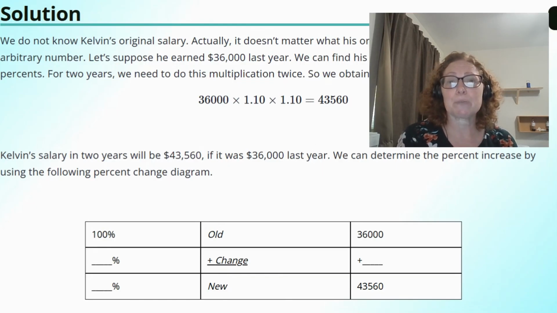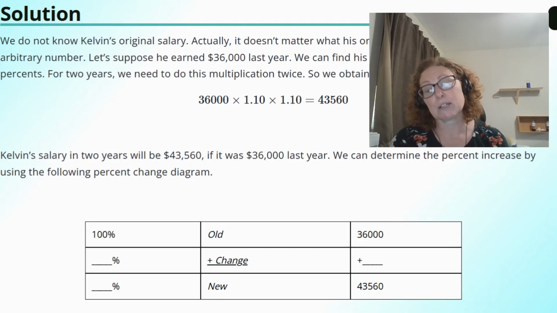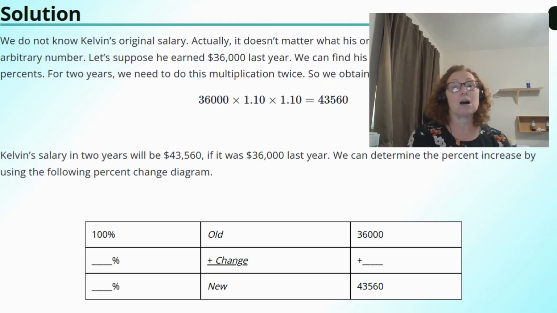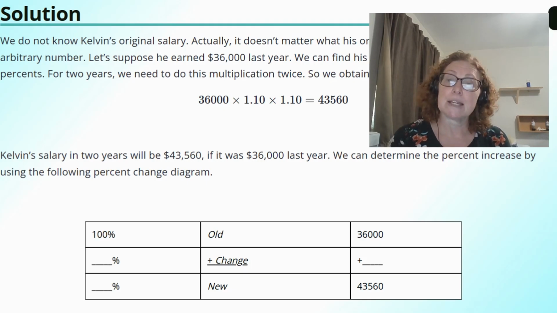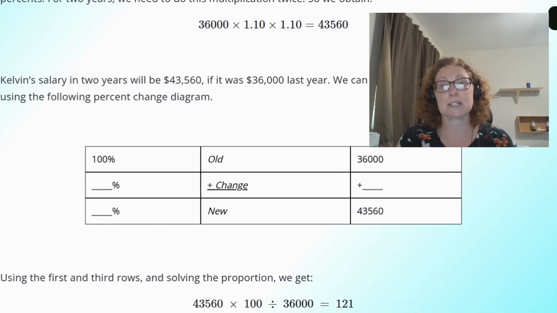So we would do the multiplication twice. We would say 36,000 times 1.10, which is 10%, times 1.10, which is 43,560. So his salary in 2 years would be $43,560.